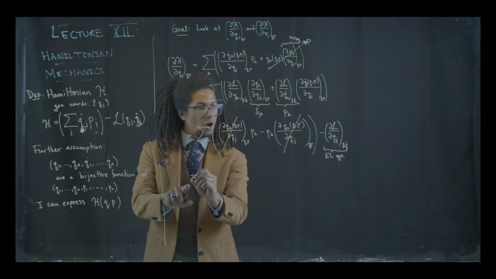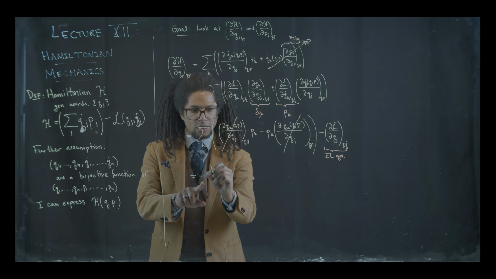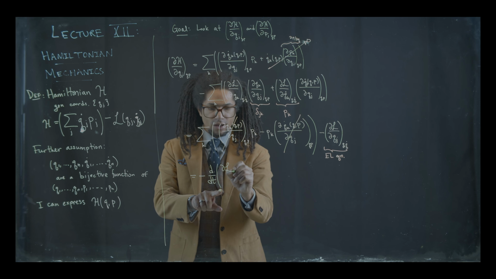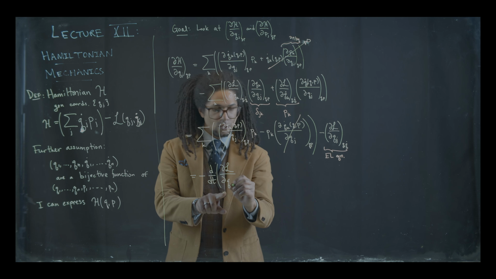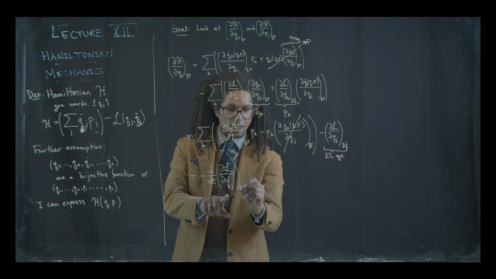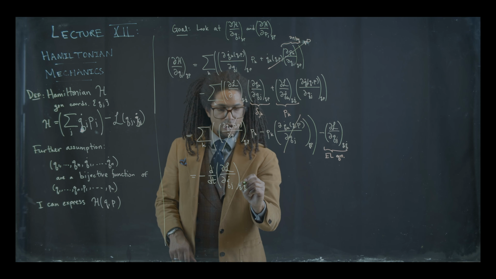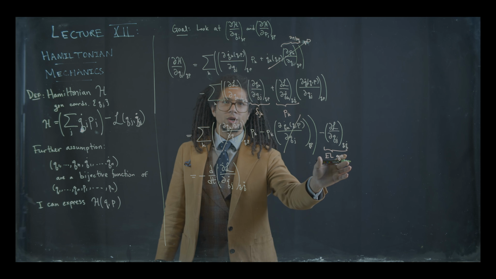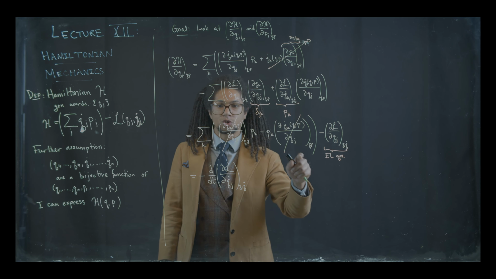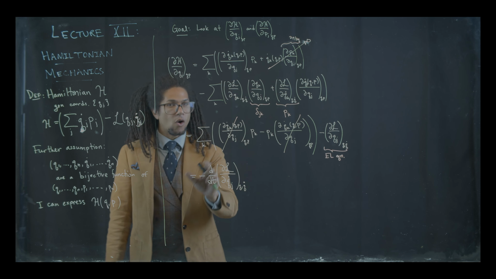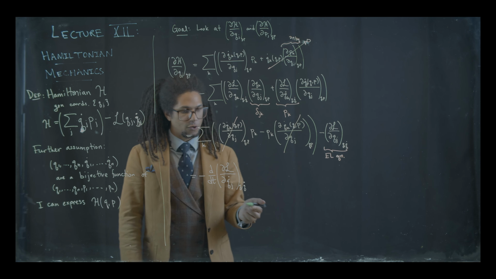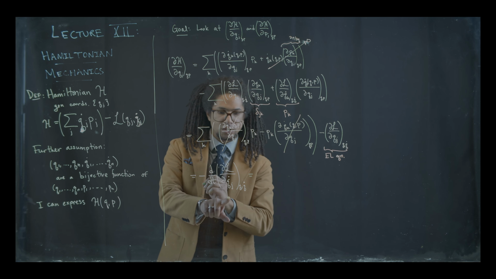So this is all equal to minus the time derivative of dL dqj dot, fixing the q's and q dots. Again, because I'm using the Euler-Lagrange equation, this is really going to give me what the Hamiltonian is along the actual trajectory. So this only pertains, once I use the Euler-Lagrange equation, to the actual trajectory taken by a particle. But that's okay, because that's usually what we're interested in.